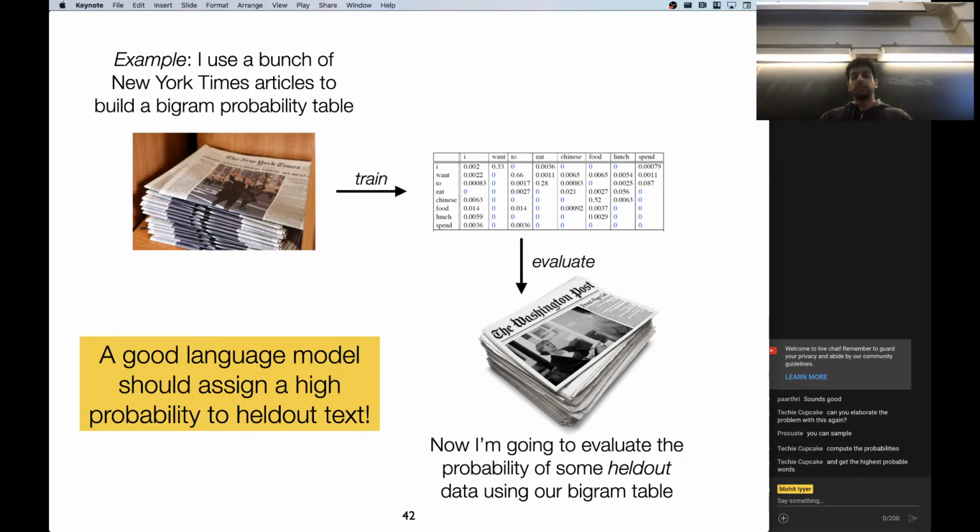Yeah, so that's a good question. What if the test set includes a new word that was never observed in the training set of this language model, which means there is no entry in the table that includes this new word, which means we can never compute its probability, right? So in n-gram modeling, there are ways to deal with this where you can replace all words that occur below some frequency with some special like unknown or rare word token, and then you can model that probability directly.